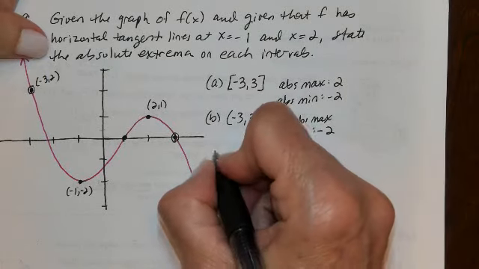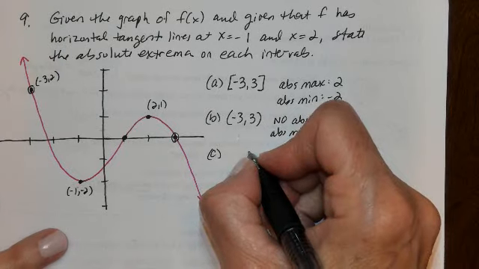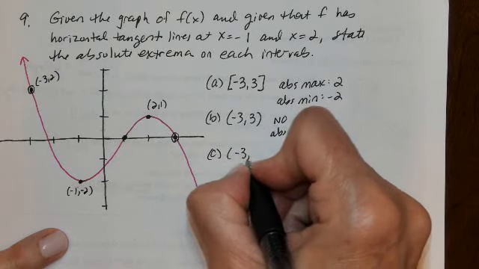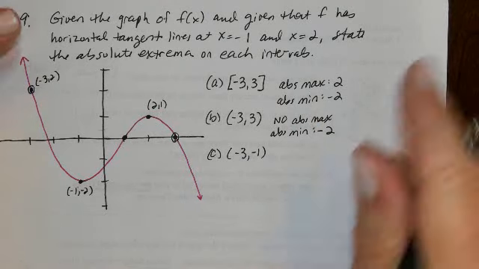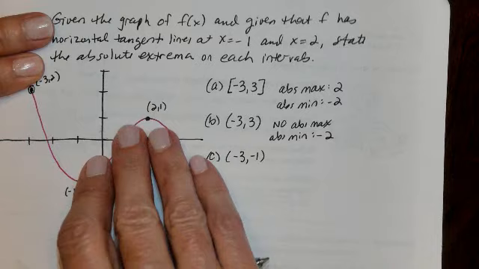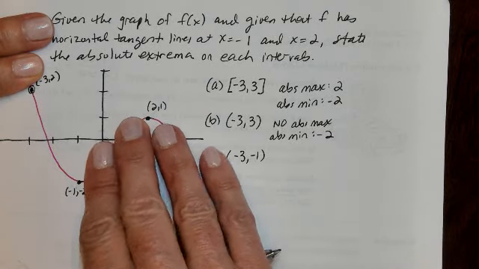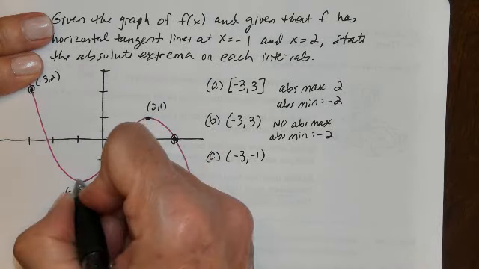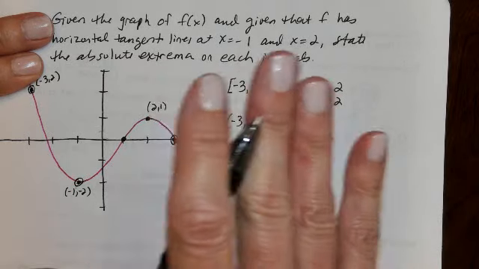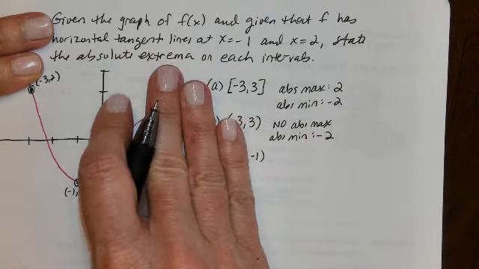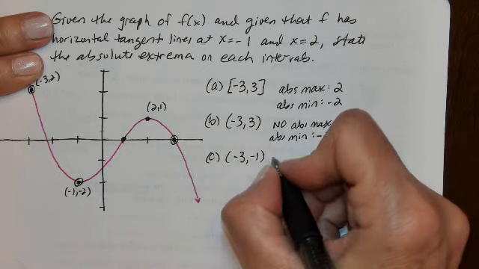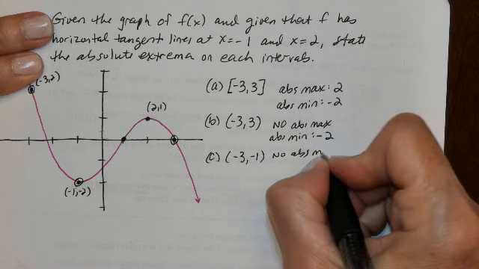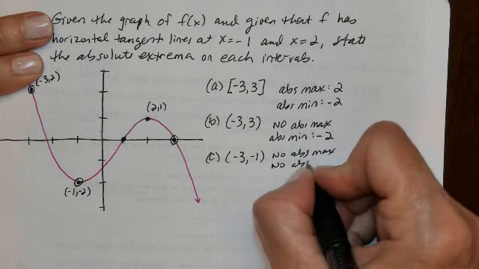All right? Another interval. -3 to -1. So I'm covering up all that. Now this is open and this is open. What's my absolute min and max now? Well, there are none of either. No absolute max, no absolute min.